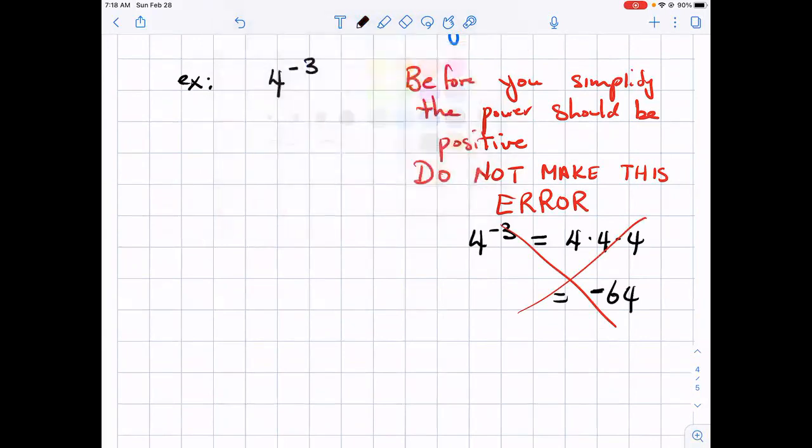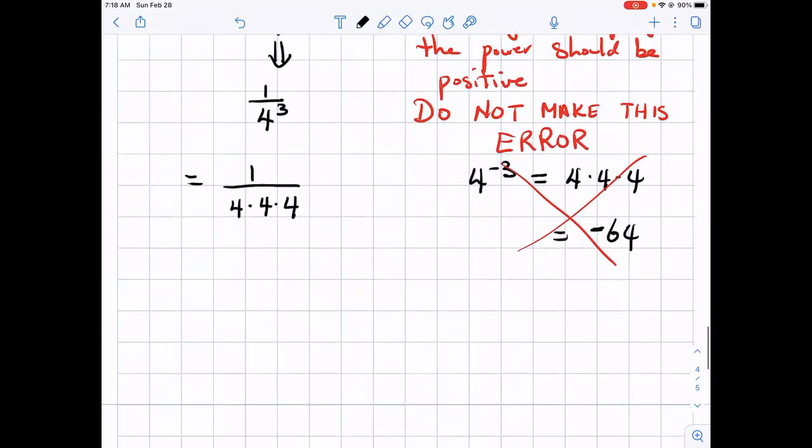So, how do we solve? Here, what this means is 1 over 4 to the third power. And now we have 1 over 4 times 4 times 4, which is equal to 1 over 16, 16 fours is 64.